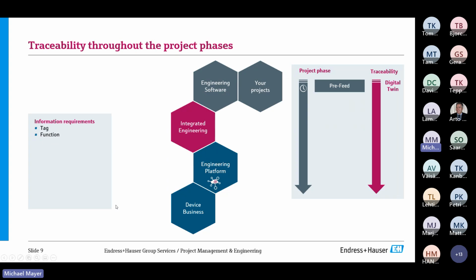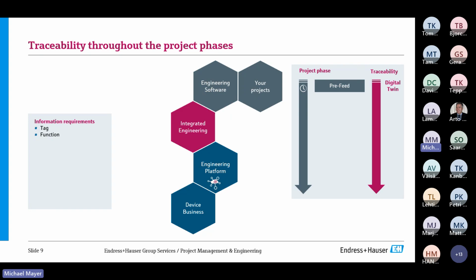So this is a bit more in depth, what I've just mentioned, traceability throughout the project phases. So basically, we usually start off with EPCs with a pre-FEED phase. So this means they provide us with a tag and a function, but much of the things that we need are unclear.